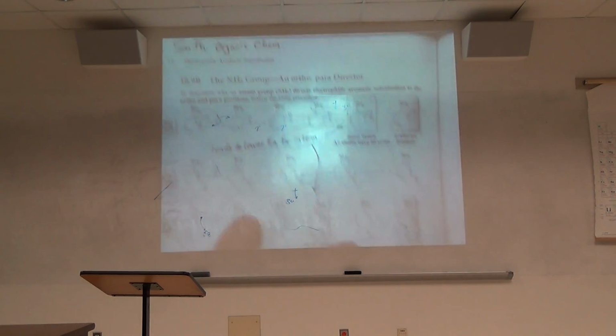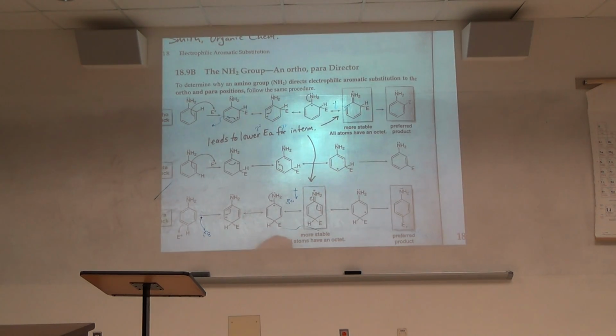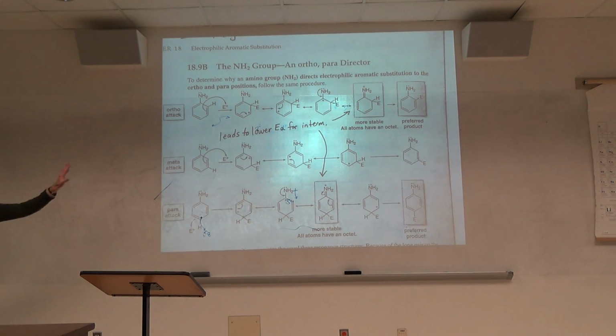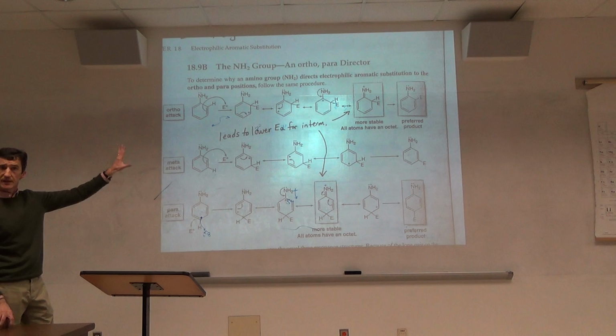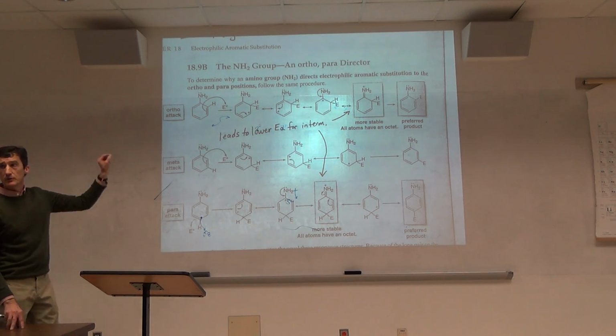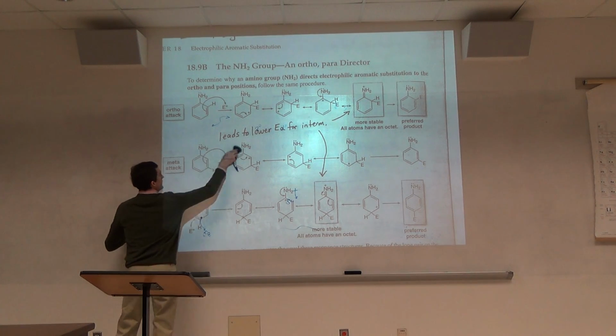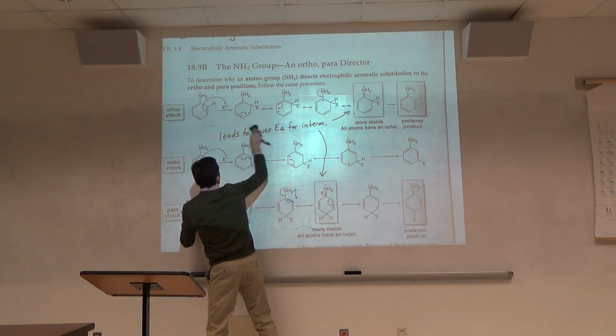Let's look at a group with resonance. The resonance structure is the same as on the previous page, except instead of a methyl there, you've got an NH2. So I'm not going to go through how we get to the resonance structure. It's the same thing.